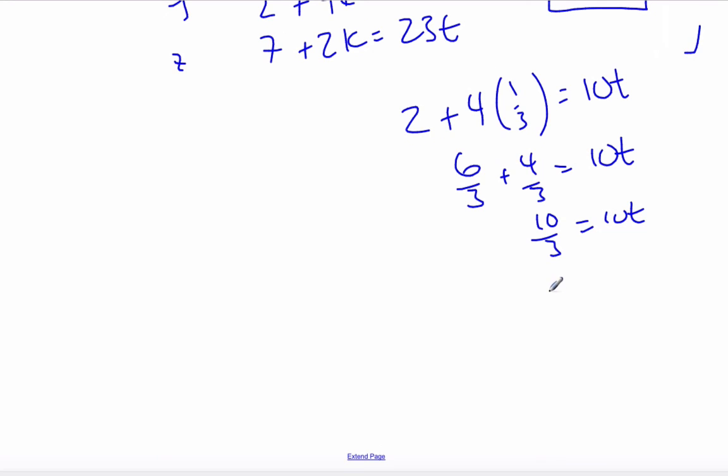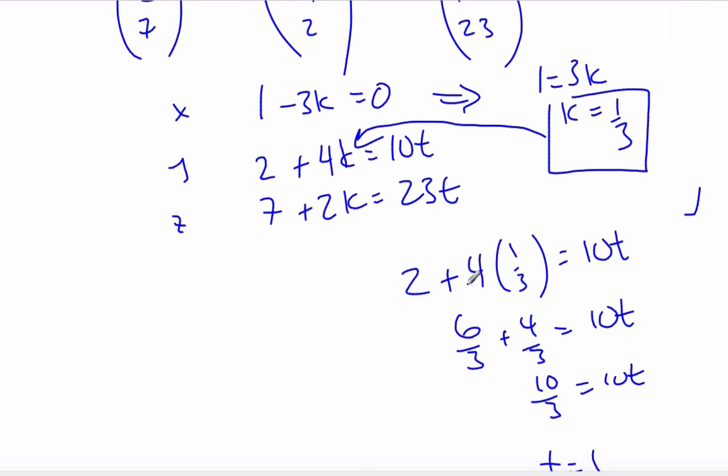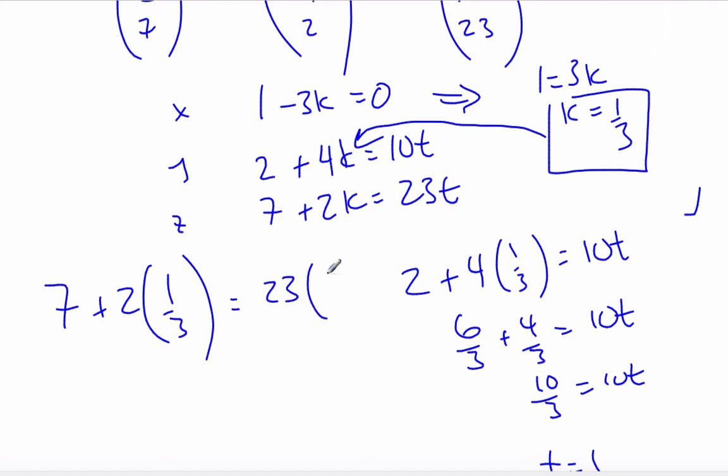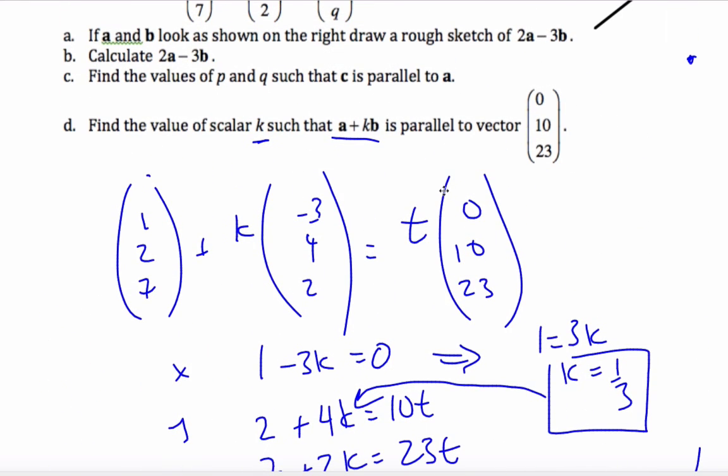And I know then that t is equal to 1/3. I should check the arithmetic here. The 7 plus 2 times 1/3 should be the same as 23 times 1/3. If I've done my math correctly, this is going to be 21/3 plus 2/3, which is indeed 23/3. And so I had to make 2 equations, 2 unknowns, and find k and t to confirm that they are indeed parallel.